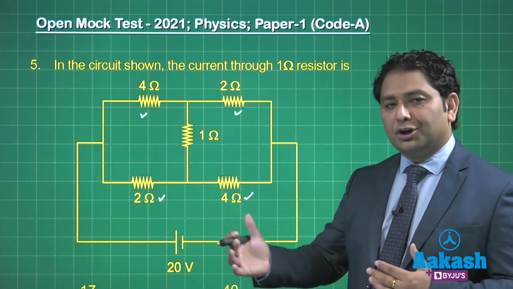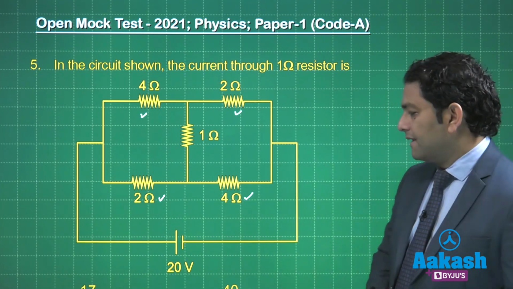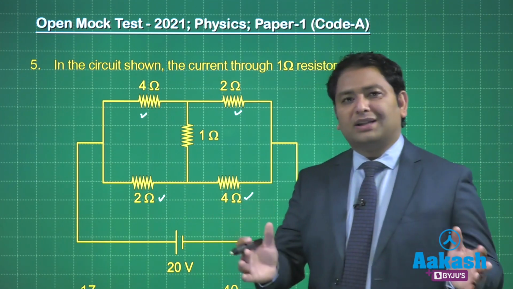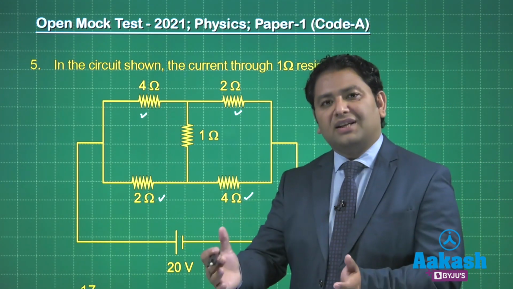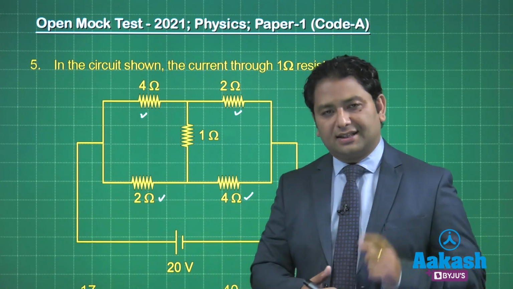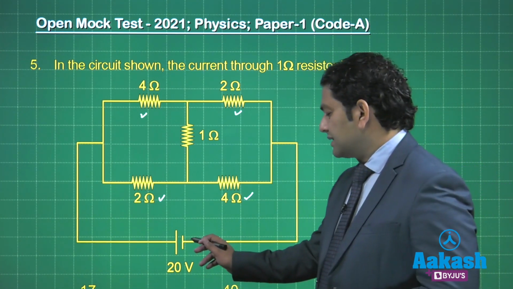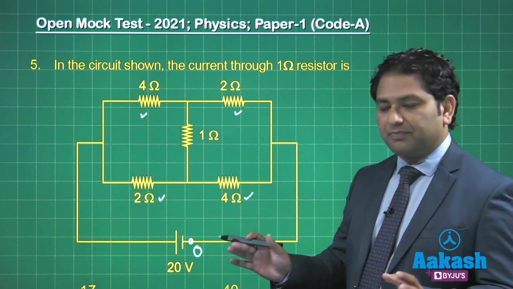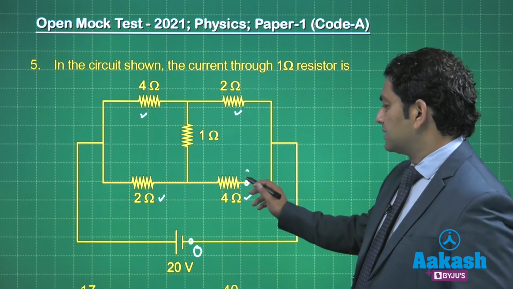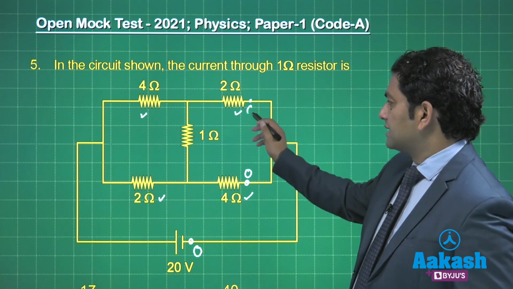That can be argued by symmetry. One way is that you go with KVL, but there is another way which is much more convenient than KVL. Let's see how. If I say this potential as 0, I assumed it, so this is also going to be 0, this is also going to be 0.